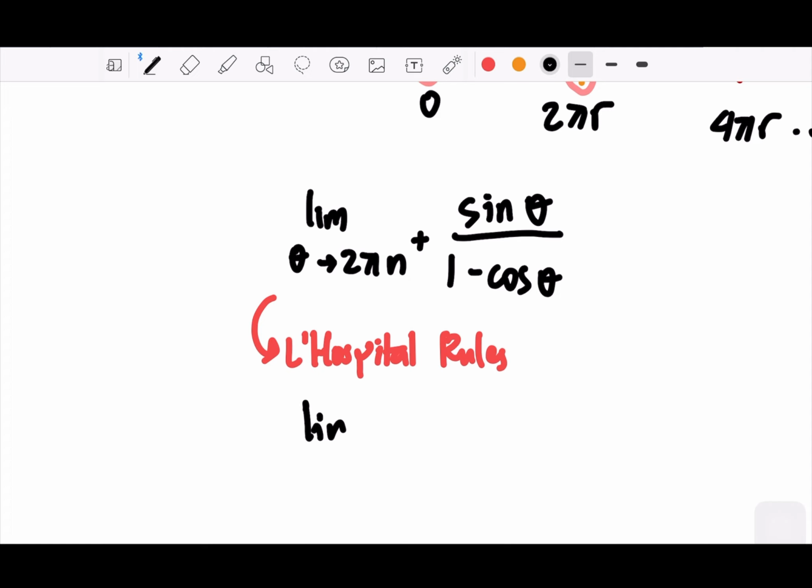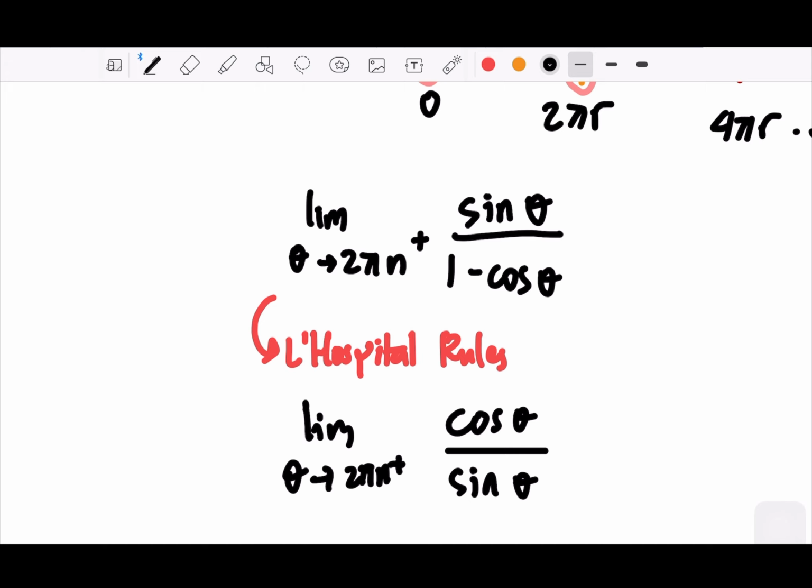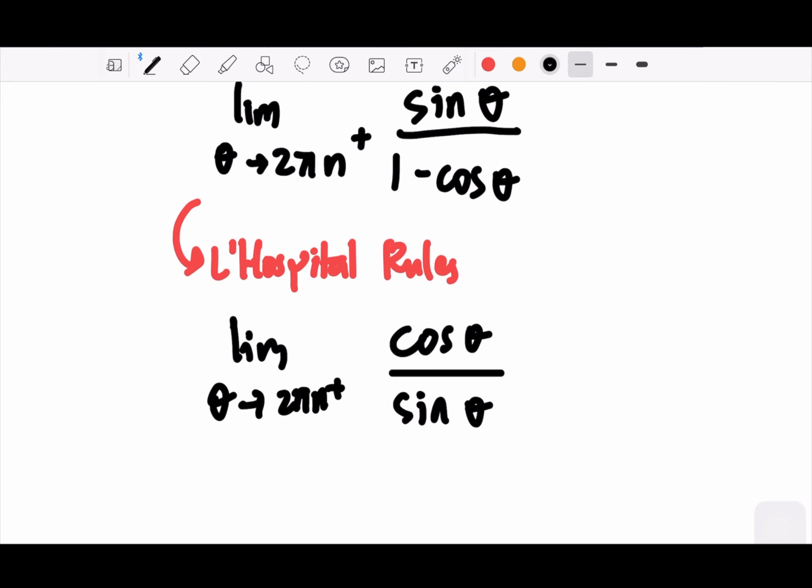So the top will be cosine, and minus cosine becomes sine. Now the cosine becomes 1 and the bottom one becomes 0, which is the undefined situation.